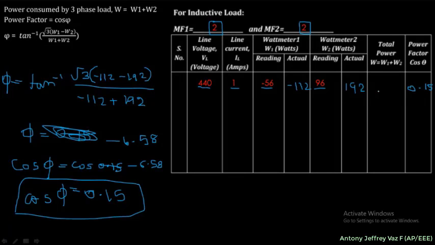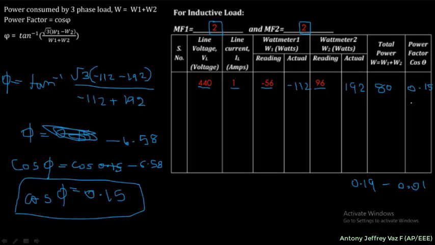Similarly, you know W1 plus W2. You need to add these two and write it over here, which will be nothing but 80. So this is the calculation for inductive loads. For inductive loads, the value should be from 0.19 to 0.001.